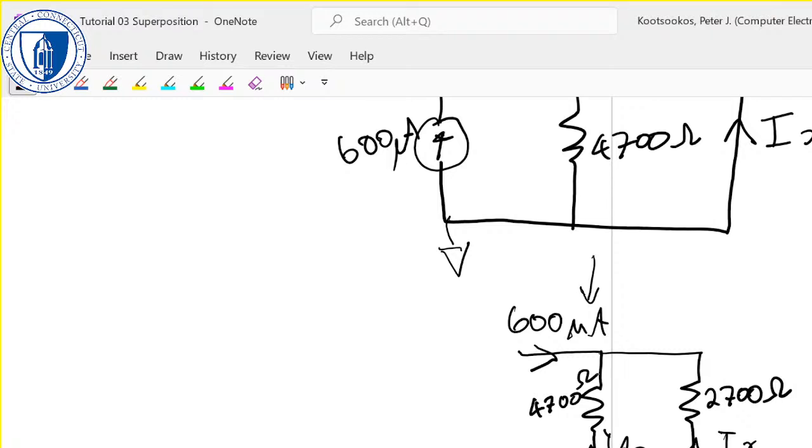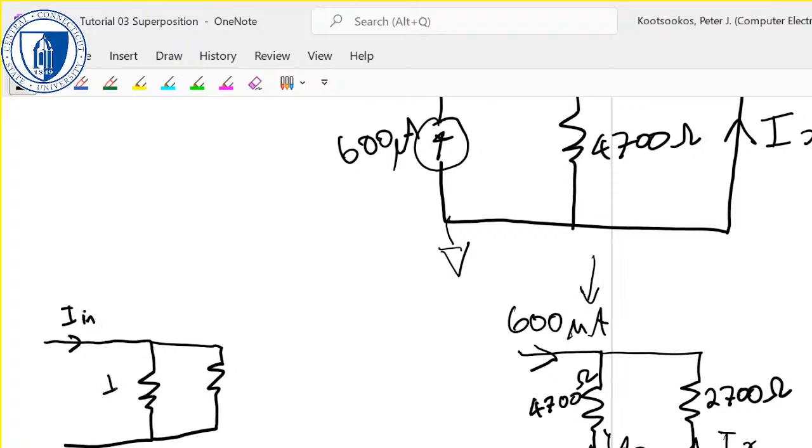The thing that's a bit different about this one is the direction of the currents. Normally, if I think about current dividers, I have them defined like that. But now, because of the direction Ix was defined in, I'm going to have a minus sign in there somewhere. But that's okay.